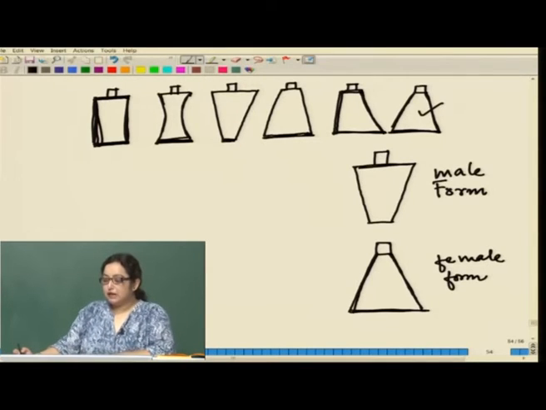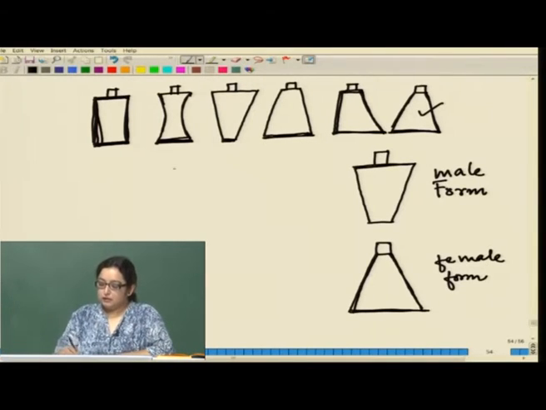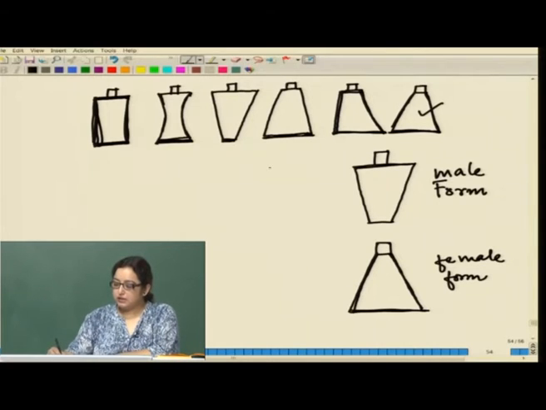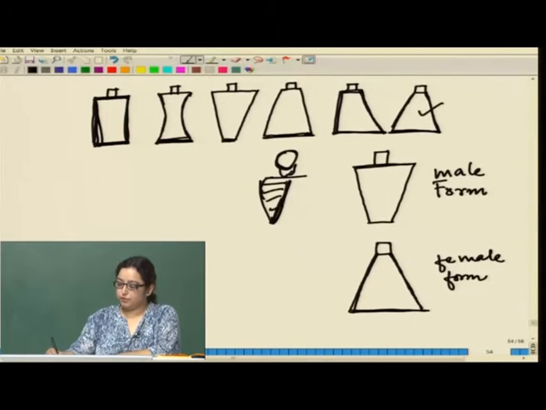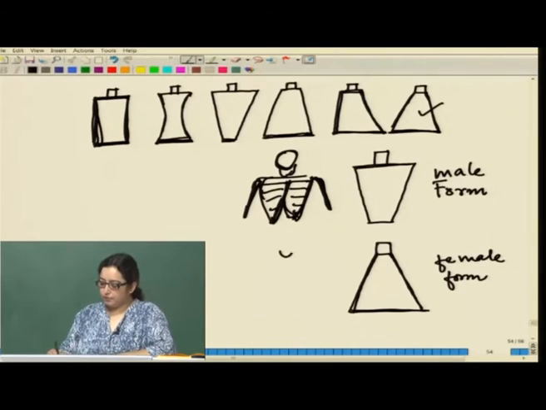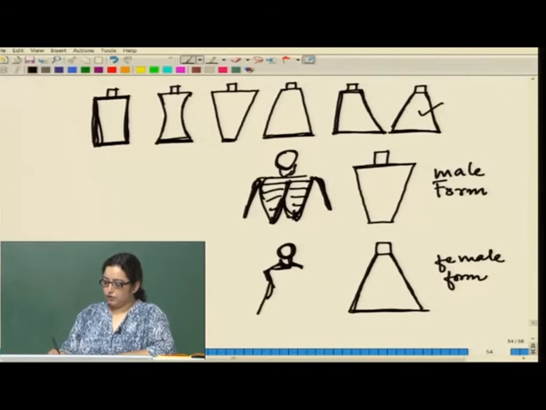with the reference that this particular form resembles a male torso and this form will resemble a female torso.